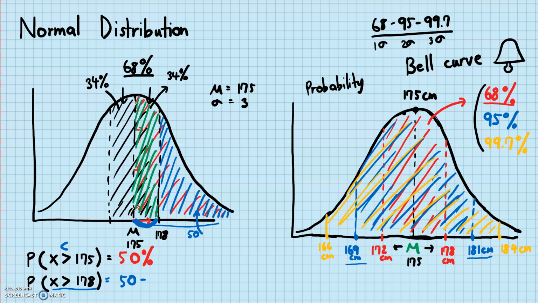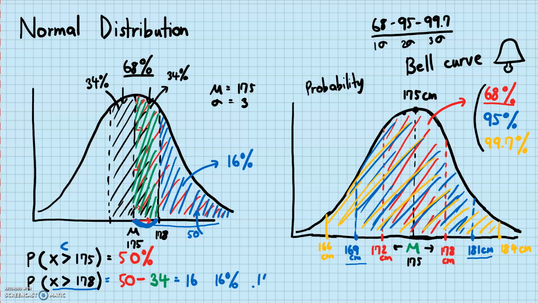That's half of the 68%. So we're doing 50 minus 34 to get the blue area. Actually, the 50 should be in red. The whole thing is 50. 50 minus 34, and that is going to equal 16. So it doesn't look like that on this graph, but this area is going to be 16%. So that means the probability that x is greater than 178 centimeters is going to be 16%.